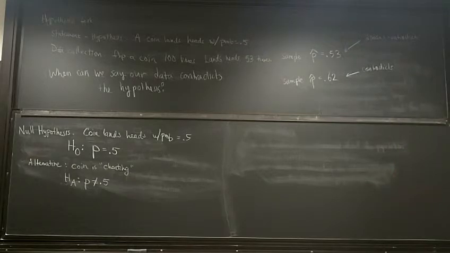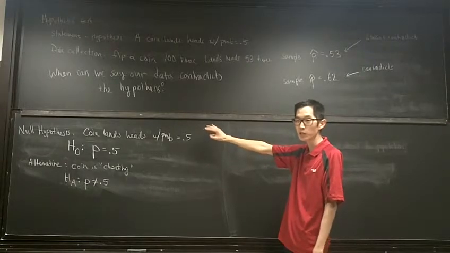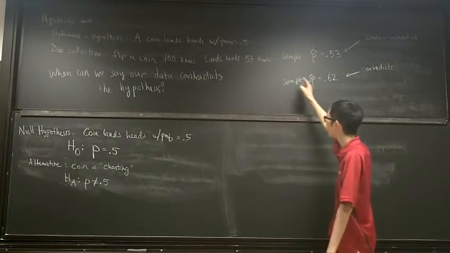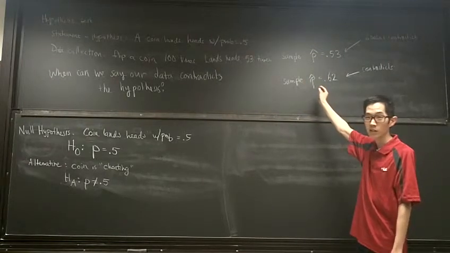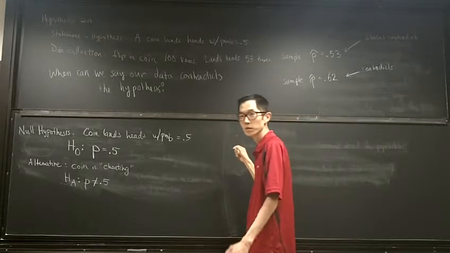Okay? So we could say, if we were to assume that the coin is fair, just for argument's sake, what's the probability that it would land heads 62 times? Does that question make sense?